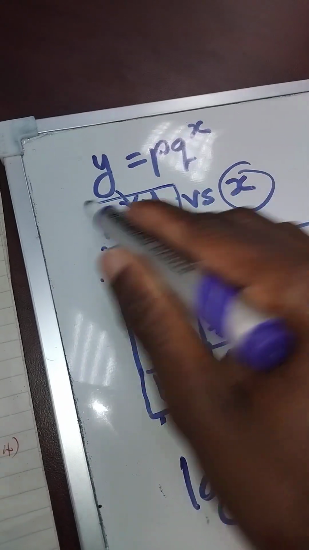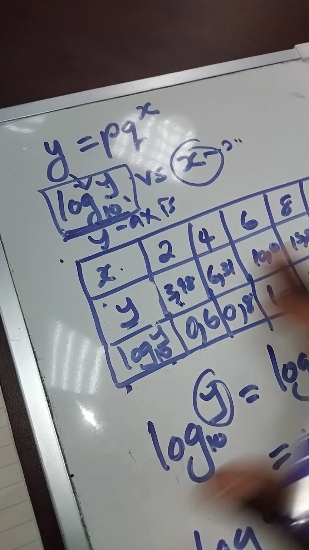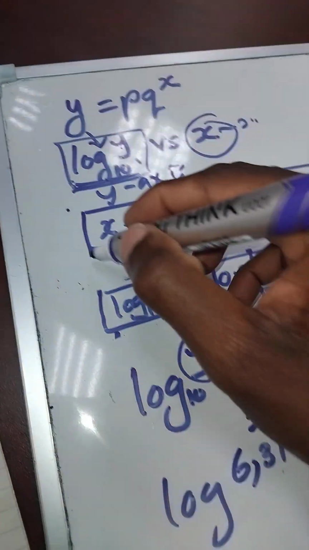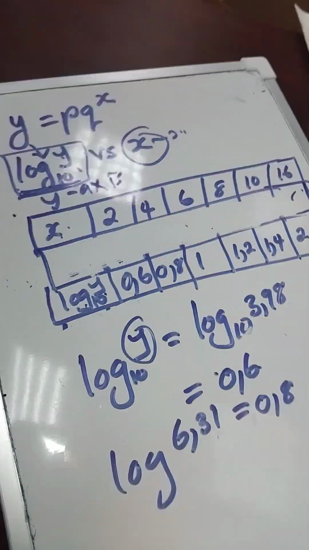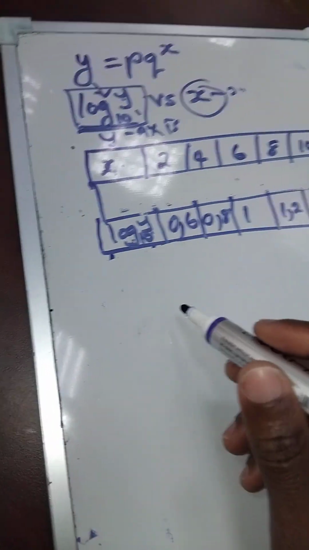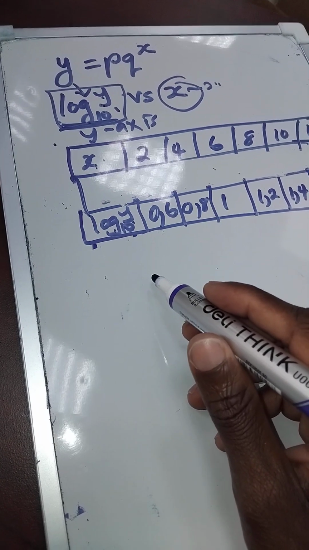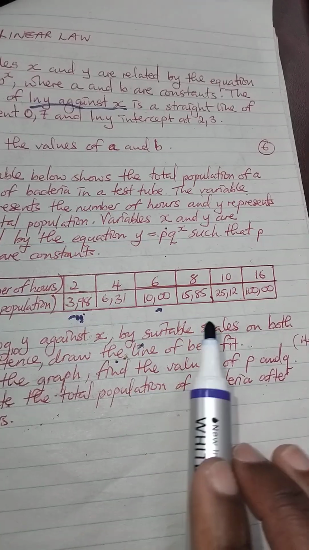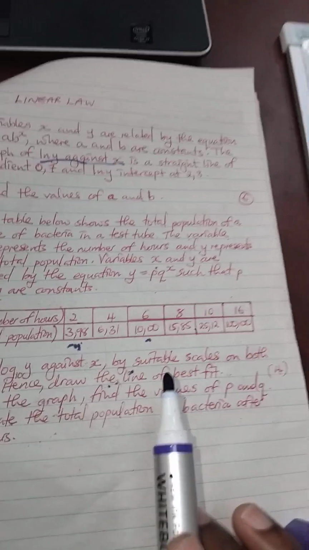Against x. So log y base 10 will be on the y axis and x on the x axis. This is our table. Then we draw the graph. Plot log y against x using suitable scales on both axes, and draw the line of best fit.